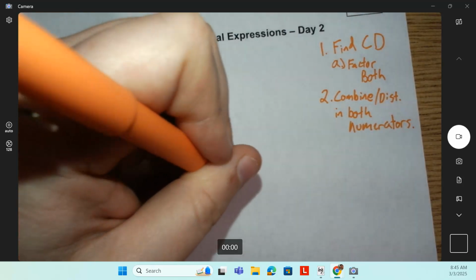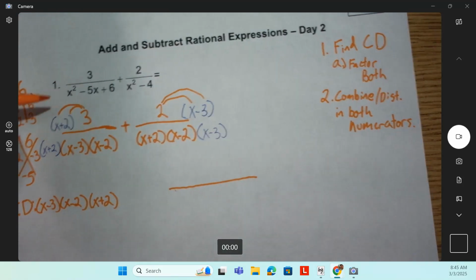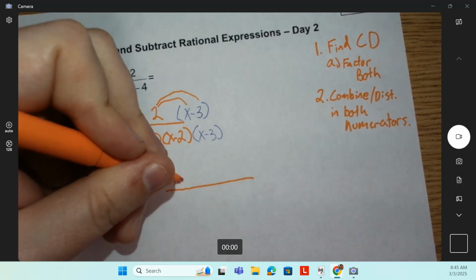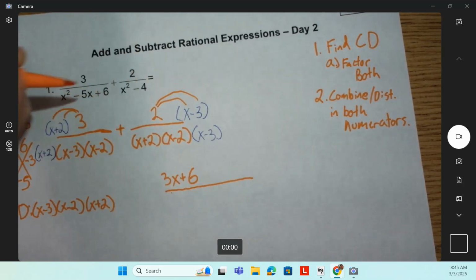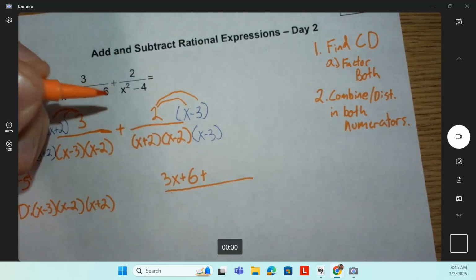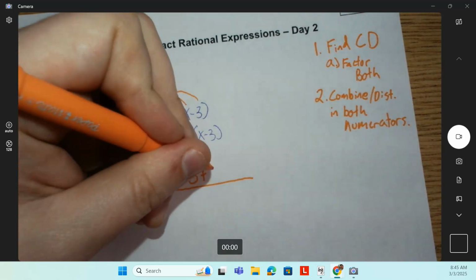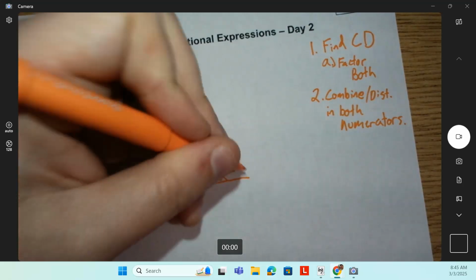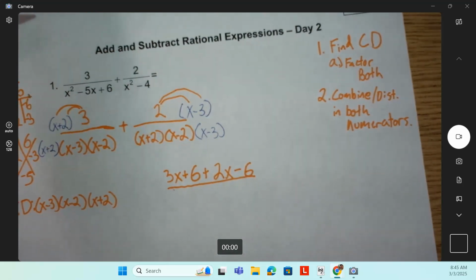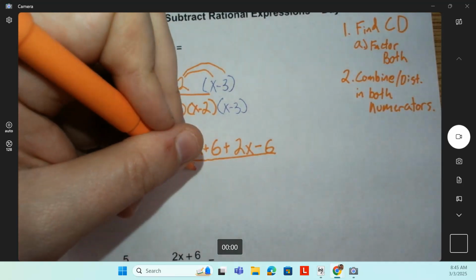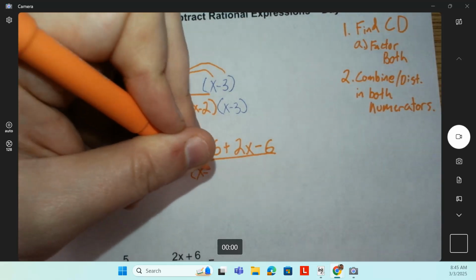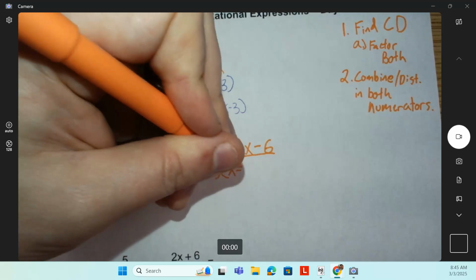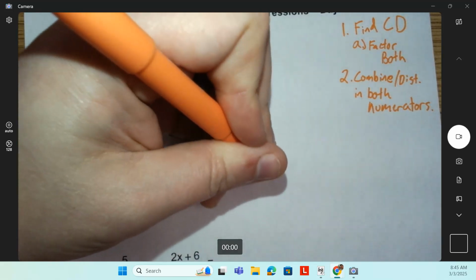So when I combine here, 3 times x is 3x, 3 times 2 is 6, plus 2 times x is 2x, 2 times negative 3 is negative 6. All of that's going to be over my common denominator, x minus 3, x minus 2, x plus 2.